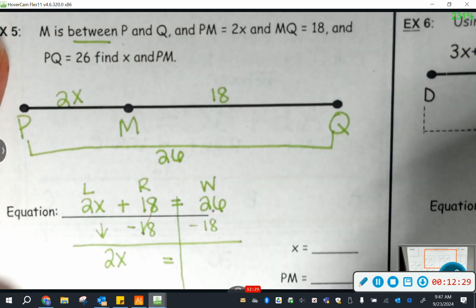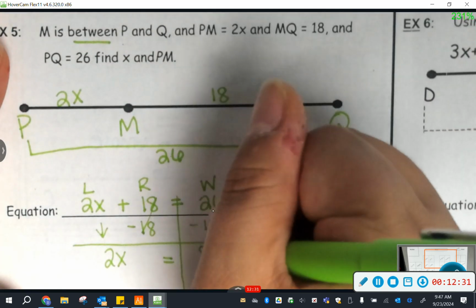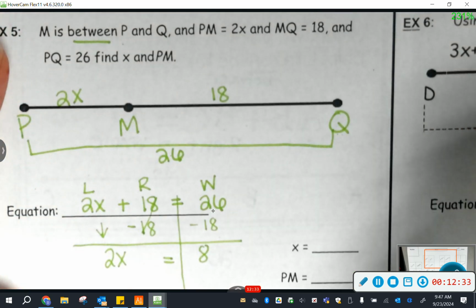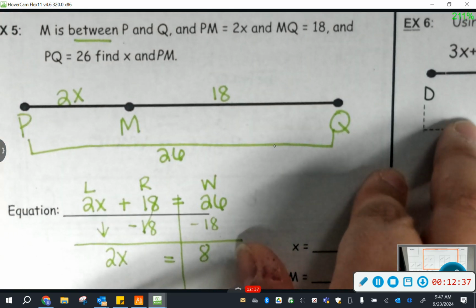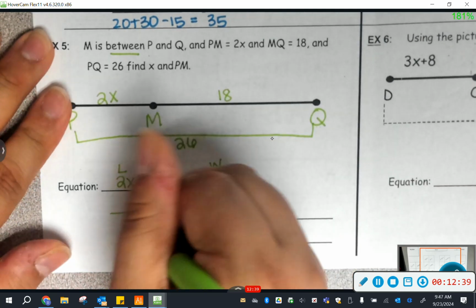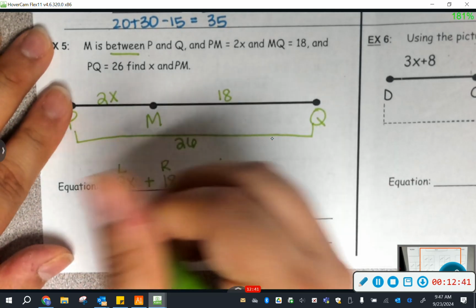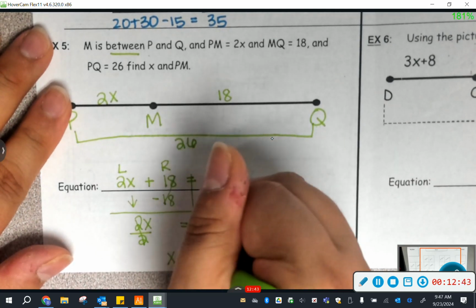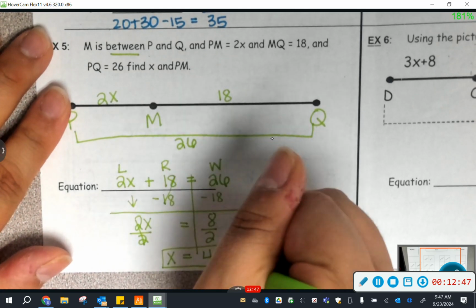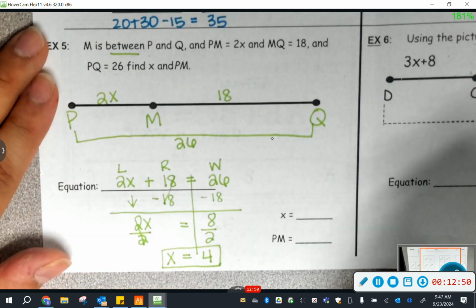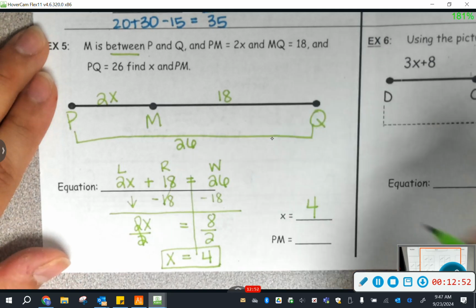What's 26 minus 18? And then what? And then divide by 2. What is 8 divided by 2? 4. X is 4.